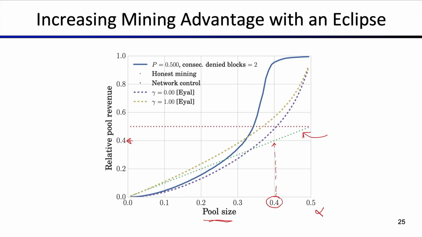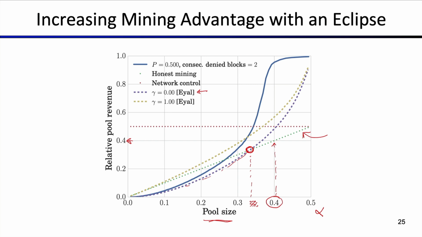Now, if you start to perform selfish mining and the propagation parameter is set to 0, so the honest network has a bad propagation parameter, then you can see that the revenue is actually below the honest mining revenue at first, but there's a threshold, maybe roughly 33% of the hash rate.